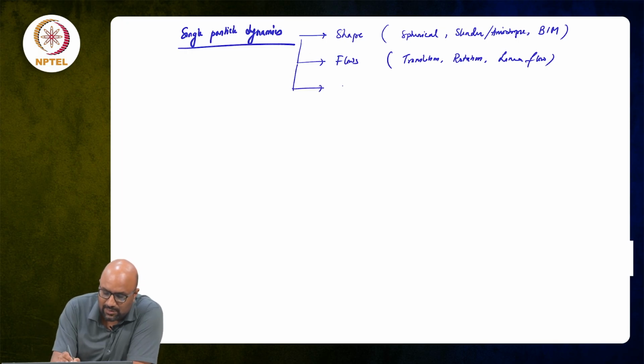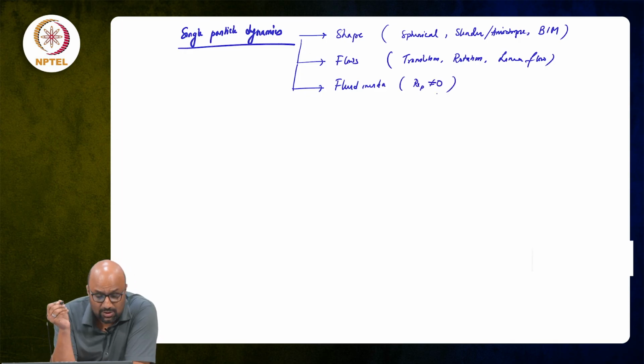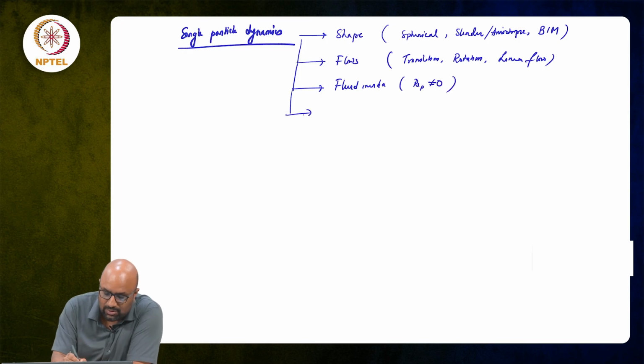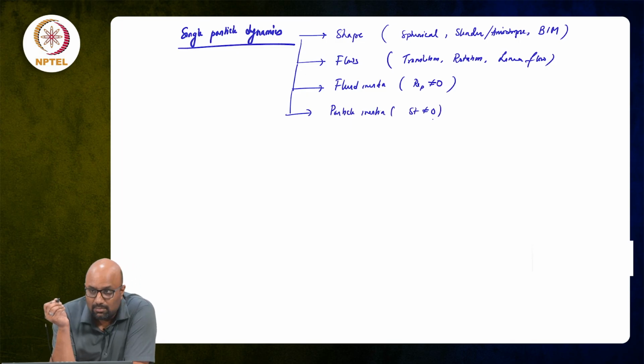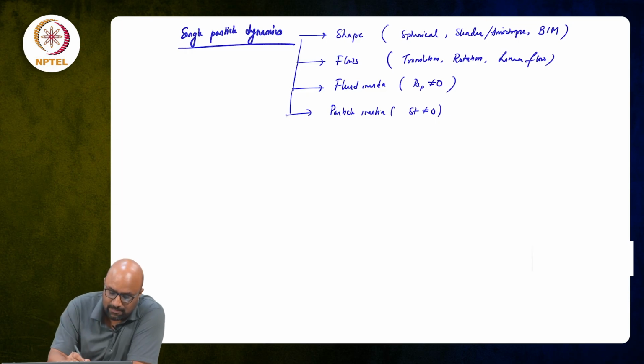We explored aspects of finite Reynolds or fluid inertia, and we saw what is the consequence of having fluid inertia. We also explored what is the consequence of having particle inertia, basically writing down an equation of motion for a particle which necessarily is not having zero acceleration or deceleration.